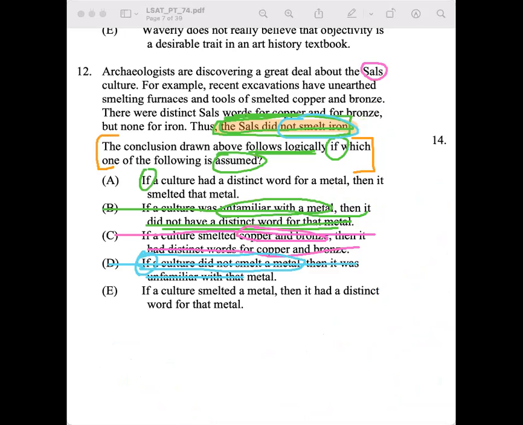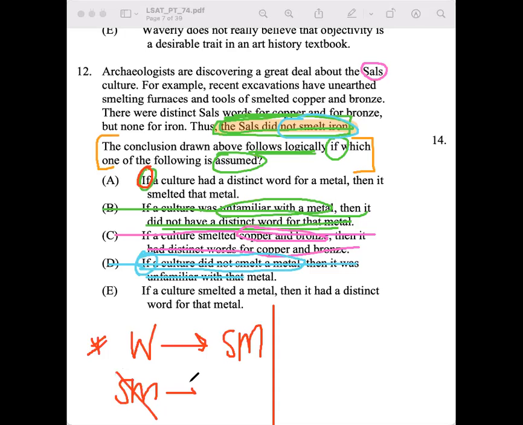Okay, so what A is saying, I'm going to do this one in red. So what A is saying is if a culture has a word for a metal, then it smelted that metal, right? Yeah. So what is the contrapositive of A? So negative SM, so if you don't smelt a metal, then arrow, negative W, you don't have a word for it. Excellent. How would you diagram E?